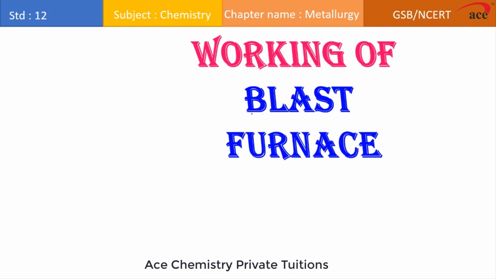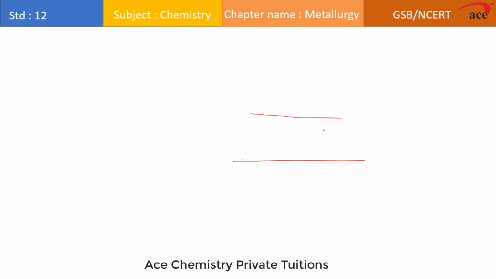Now we know that in the blast furnace the metal oxide gets reduced to molten impure metal through a process of pyrometallurgy, or you can say smelting, by using a suitable reducing agent. So the very first thing that we have to understand is the charge. Students, the charge is actually a mixture of three components.